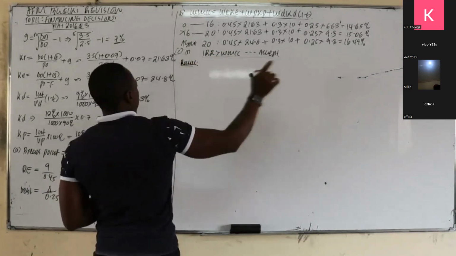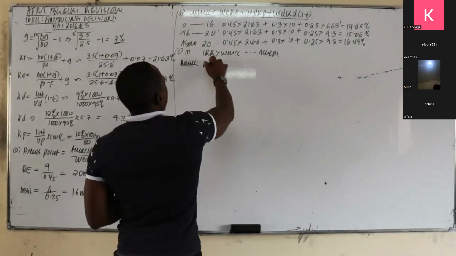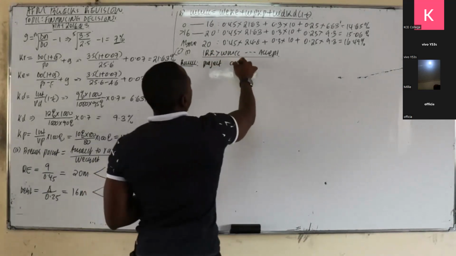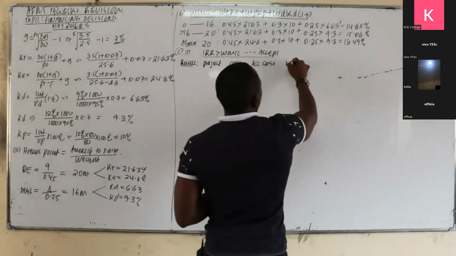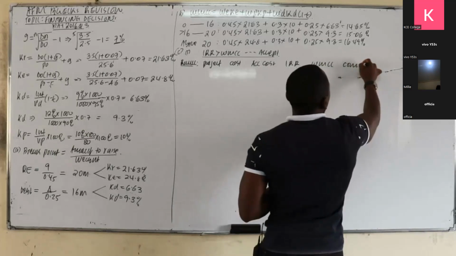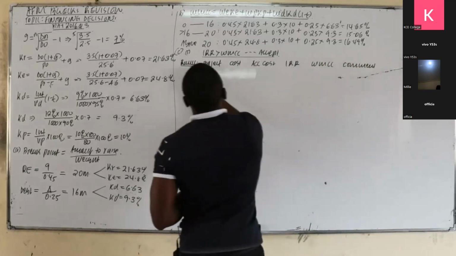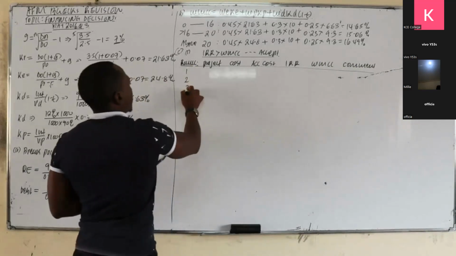So rank them, just write in your question paper. You get the project, you determine the cost of the project, you accumulate the cost, IRR, compare against WMCC, then you comment. Rank 1, 2, 3, 4.